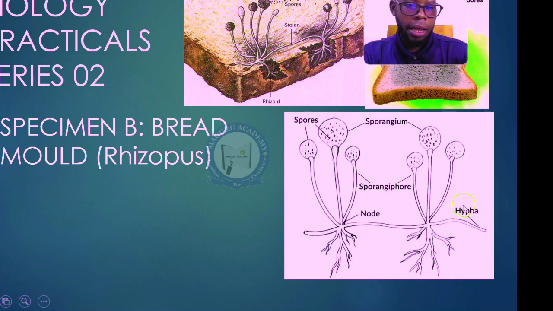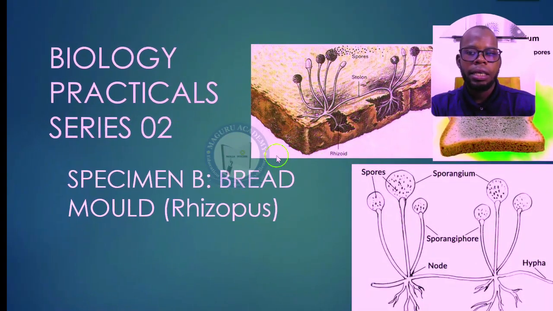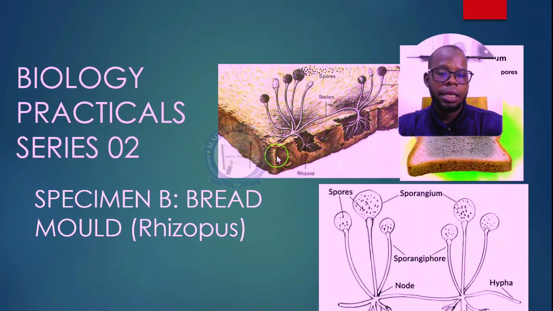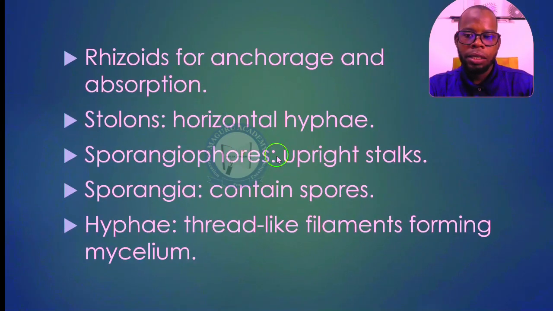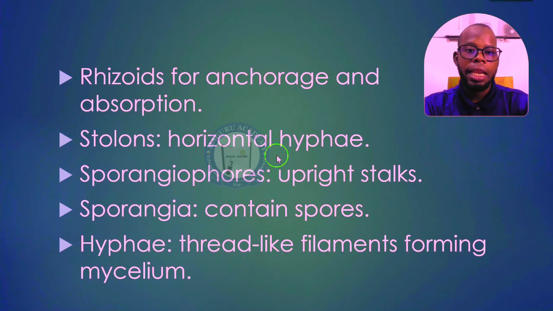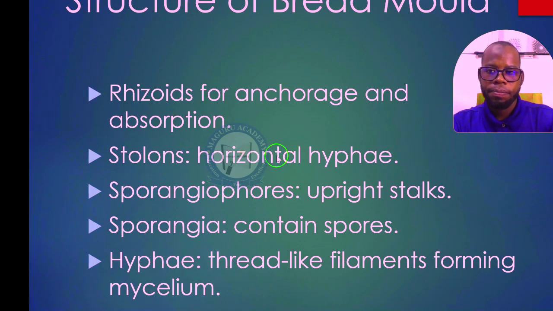The hypha is not the same as rhizoids. Rhizoids can substitute for roots, but they do not look like a root structure. The hyphae are thread-like filaments forming the mycelium. Those are the observable features of this bread mold. I think we are together for this part.